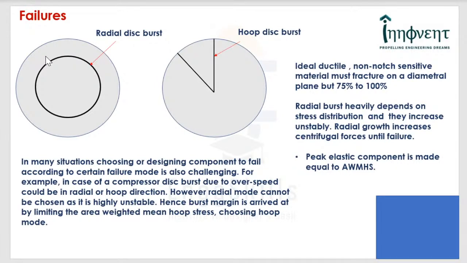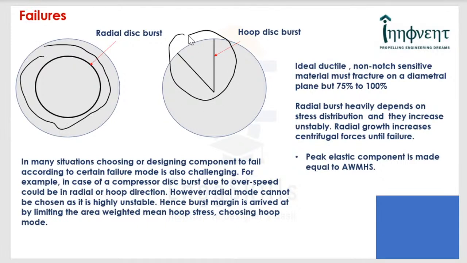You can either have the radial burst, or you can have the hoop burst. These are represented schematically, very idealized. If the disk is broken circumferentially, that is the radial burst, and if it is broken along the radius, it is called the hoop burst.